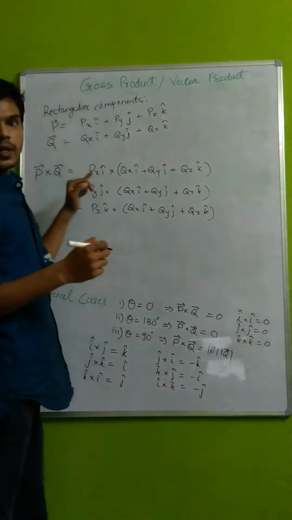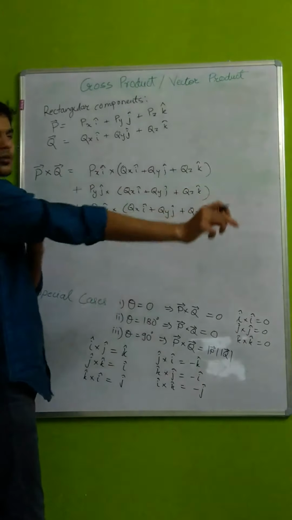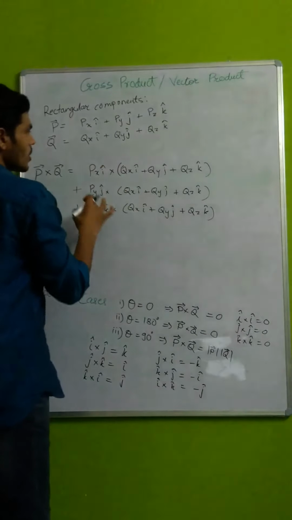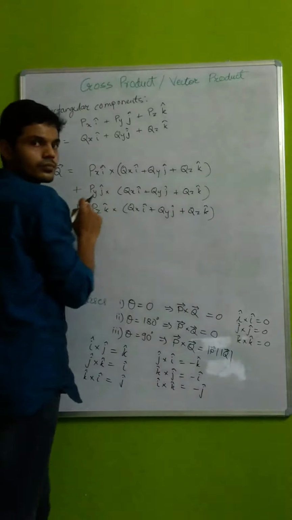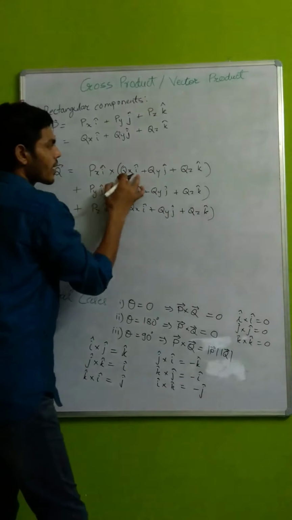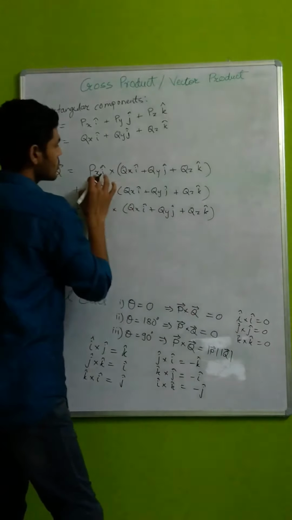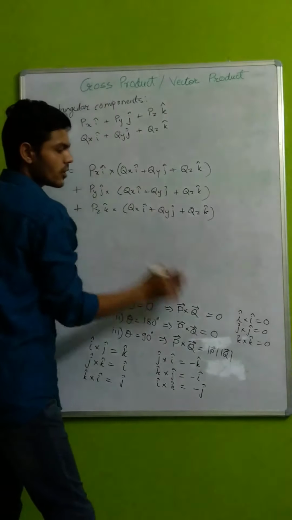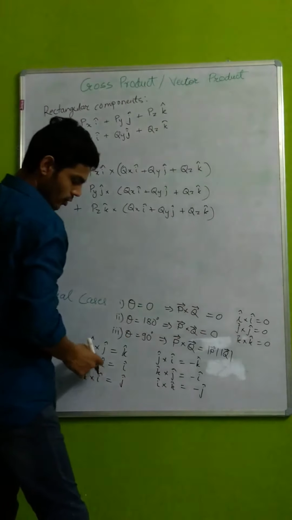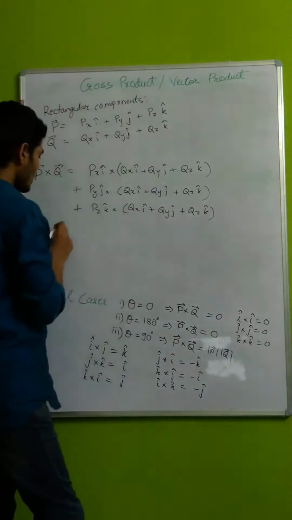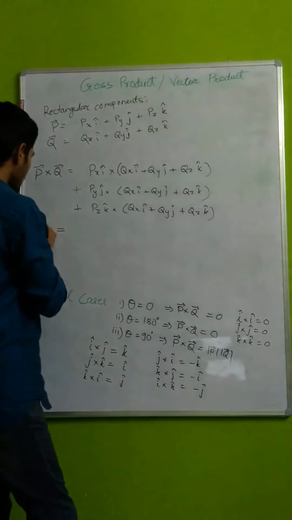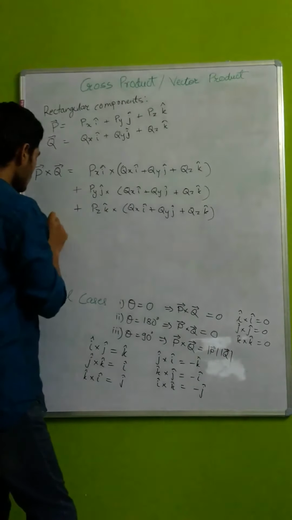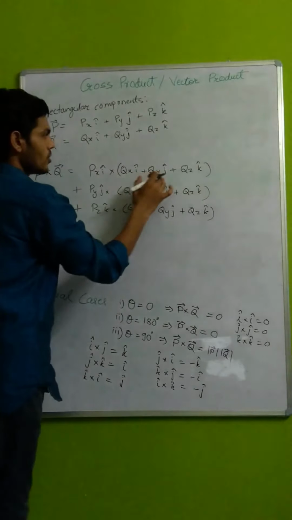Now by applying the distributive law of vector product, we can multiply them separately and add them. But i cross i is 0, so this will be 0. i cross j will give us k vector, so we can write i cross j equal to k.